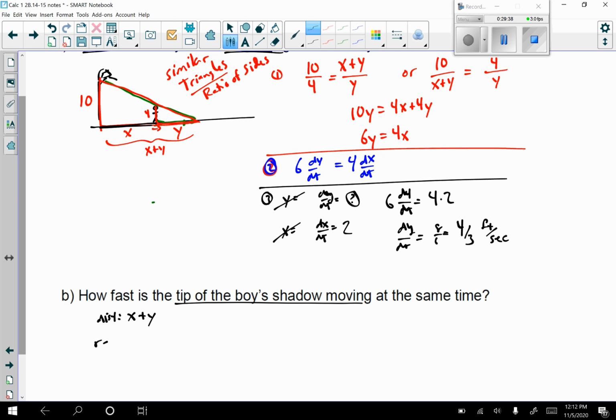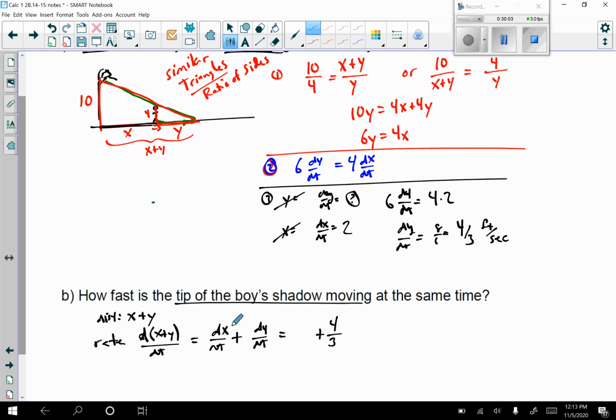So its rate is going to be the derivative of x plus y with respect to t. Now, how do we do the derivative of two things together? We do them separately. This is going to be dx/dt plus dy/dt.